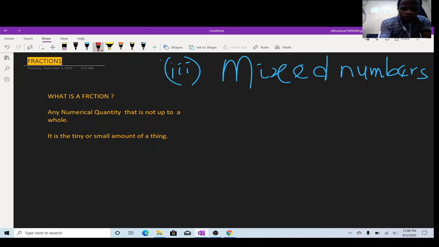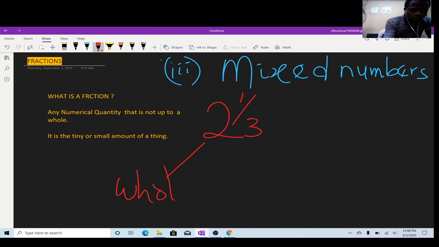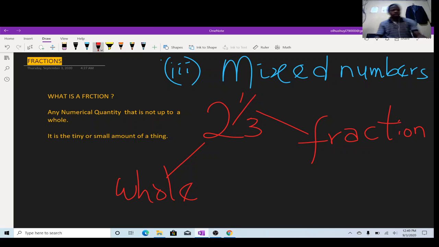So if you have, for example, 2 is a whole. This is a whole number, it's not a fraction, it's just 2. If you now have 1/3 written with it, we call this a whole, and this 1/3 is a fraction.